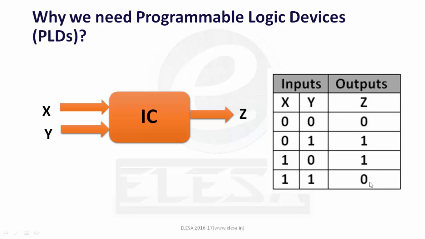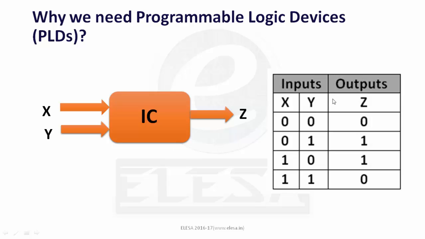As you have seen, you might be thinking that this is the truth table for an XOR gate. Wait a minute, this is an IC which functions similar to the XOR gate. So don't consider it as a gate, for the sake of convenience.